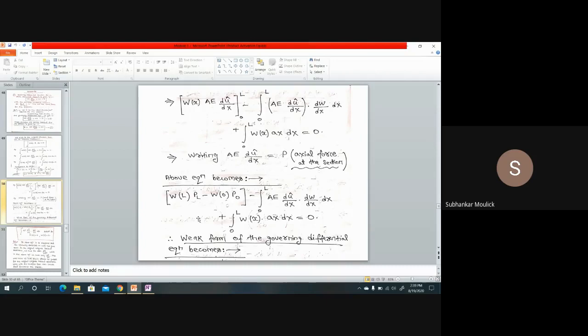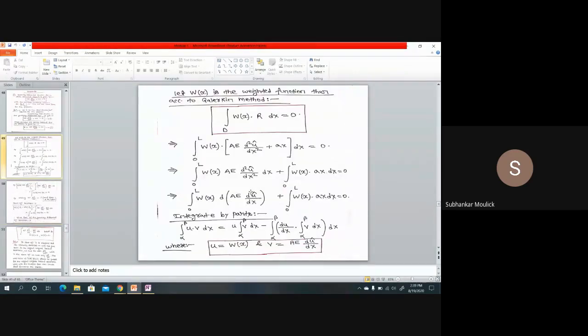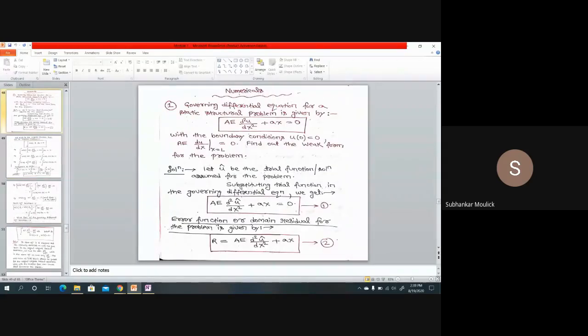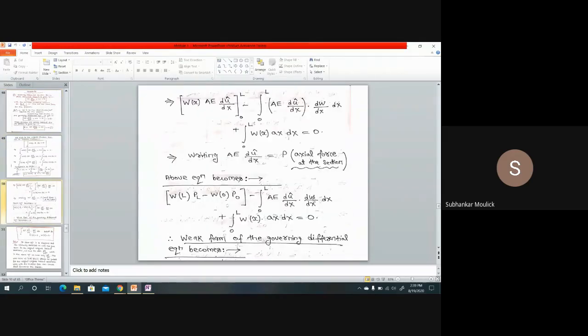It will come when you solve the problem. When you make that problem weak, automatically it will come. But you have to choose the trial function in such a way that it always satisfies the given differential equation. So in this particular expression, which term?